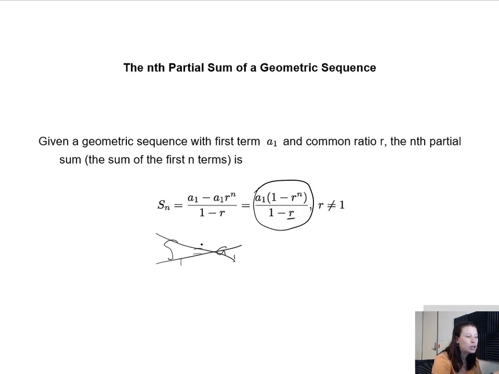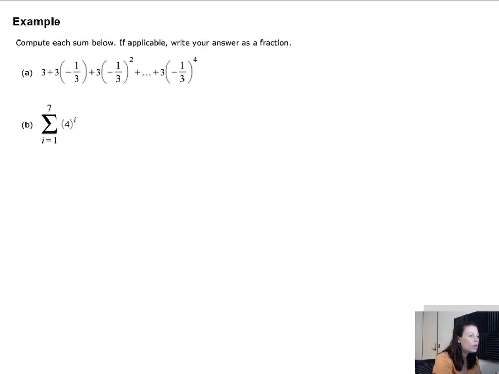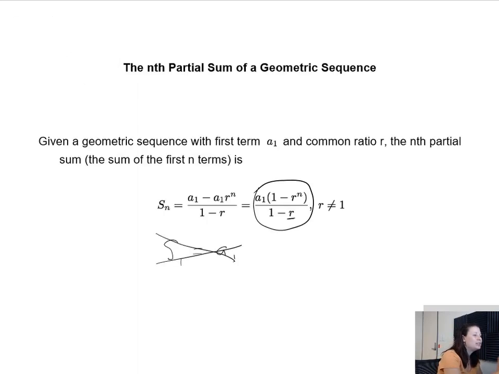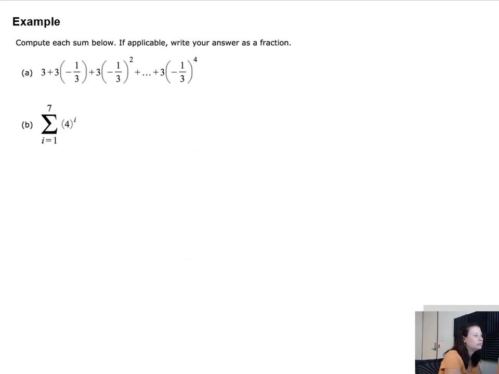Okay, so then let's use this. We want to find the sums of these formulas. So let's see here. We know Sn is A1 times 1 minus R to the n, all divided by 1 minus R. So let's rewrite that.